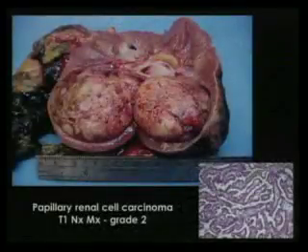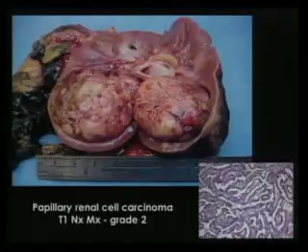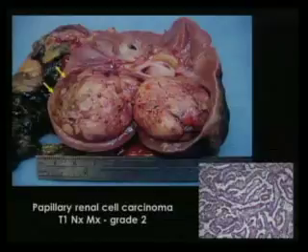Look at this. What is this? Calcium. Calcium is in the papillary type. 30% of papillary type have calcifications. And this is a typical pattern, lower density than the normal renal parenchyma, and well defined. And this is the gross specimen of the same patient, and look at the calcifications in the periphery.